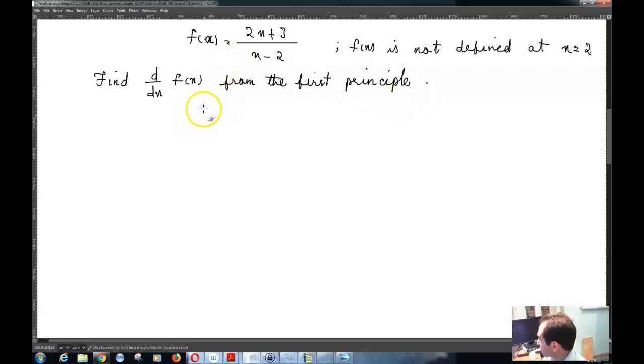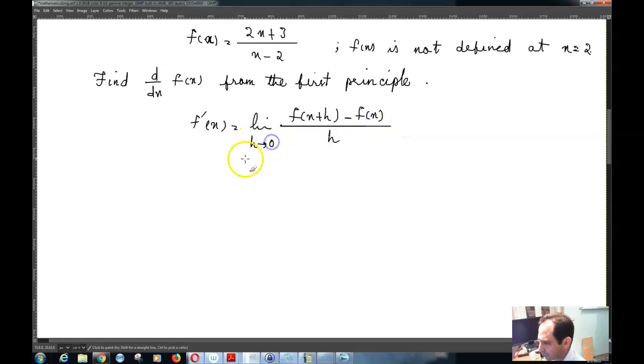Now, based on the first principle, we said that f prime of x is equal to the limit of f of x plus h minus f of x over h as h tends to 0.